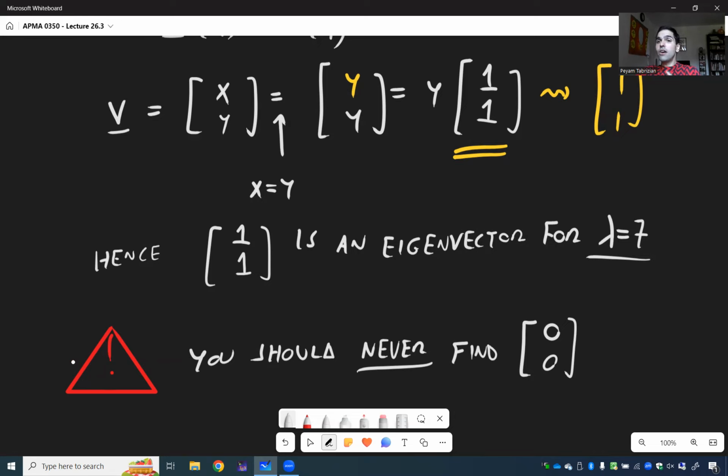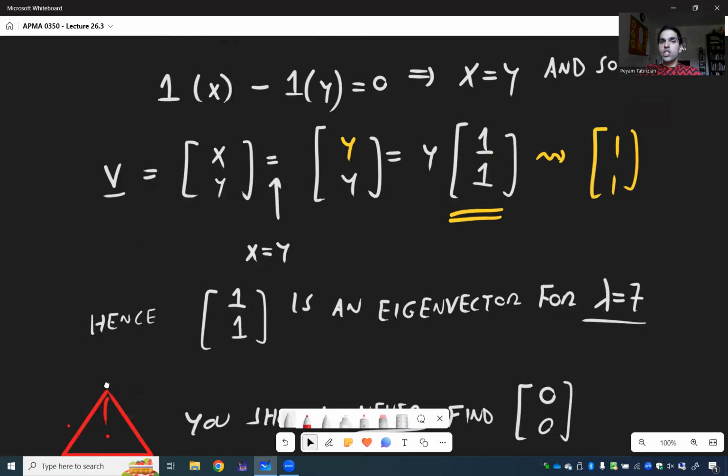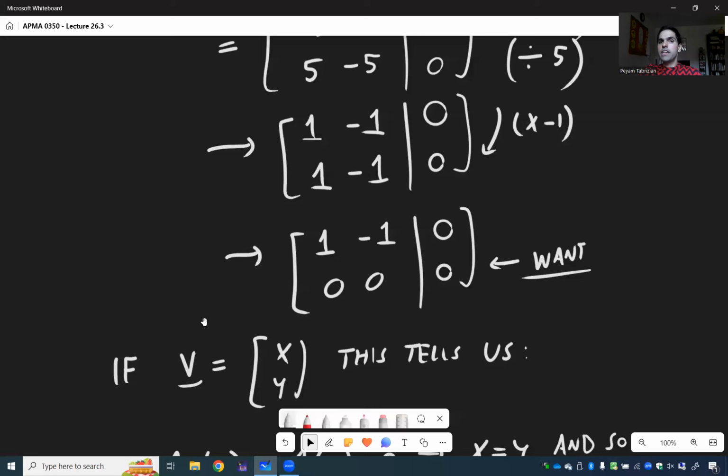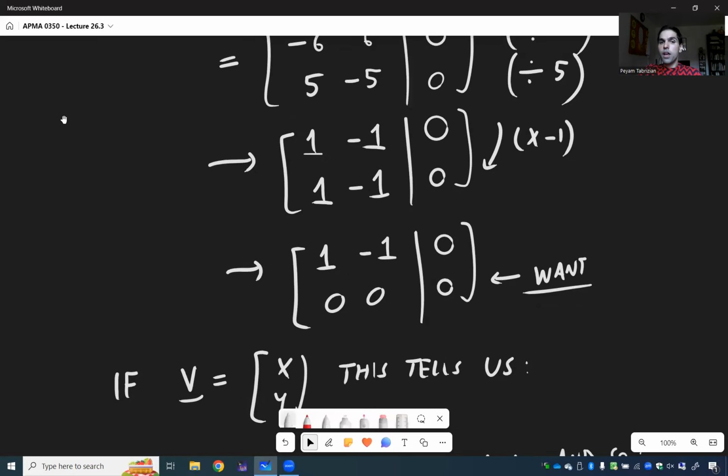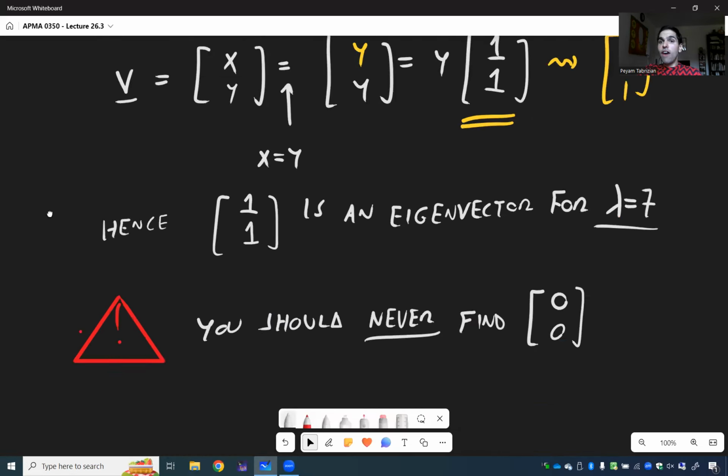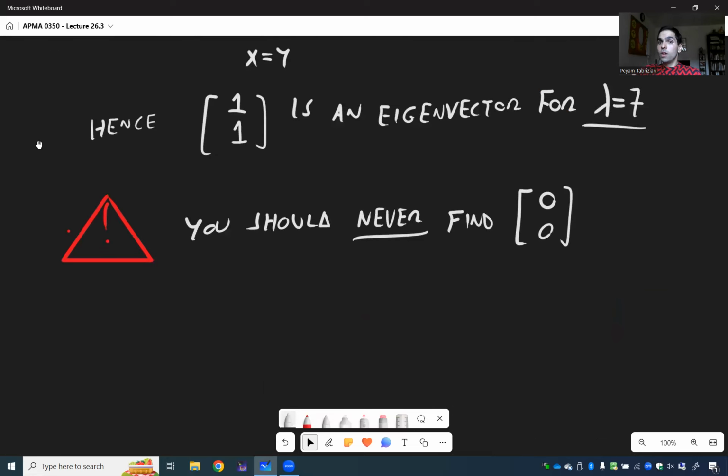And if you found (0, 0), this means one of two things. Either you made a mistake in your row reduction, or worse, you found the wrong eigenvalue, meaning you would have to start all over again. That's why my suggestion is, when you find eigenvalues, be very careful, because a mistake there could cost you all the row reduction.